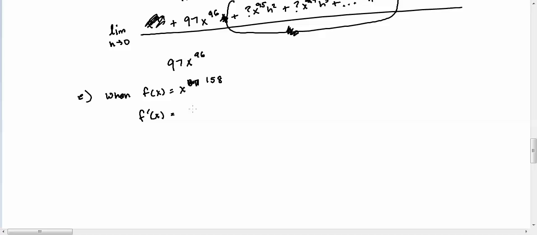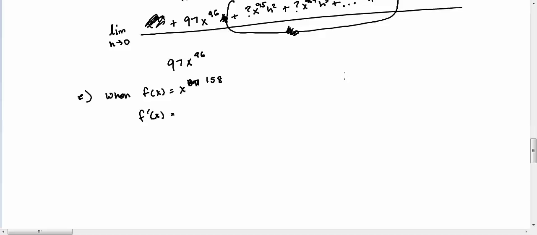Oh, it's going to be e to the 158th power. I mean, x to the... No. Oh, f prime of x. That's what we've been doing this whole time. It's the d/dx of f of x. What is that going to equal?